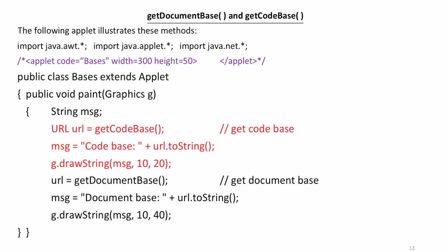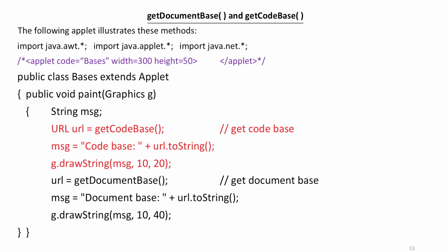This is the message variable, and inside the message variable we are writing the code base, which is a string, and url.toString. URL means getCodeBase mentioned above, and with url.toString we are converting the URL, that is getCodeBase, into string form, and then g.drawString(msg).